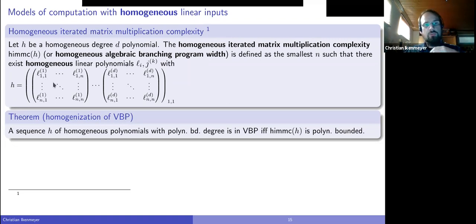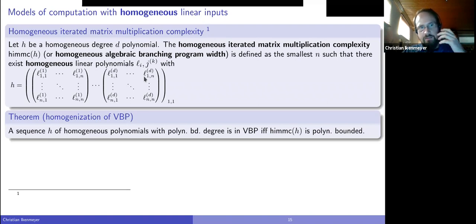Because here, if you're computing a degree D polynomial, then you know the number of matrices will be exactly D, because the degree says what the number of matrices is. And now it's just about how large I have to make these matrices. And the entries are all homogeneous. Homogeneous linear means there are no constants in these linear polynomials.